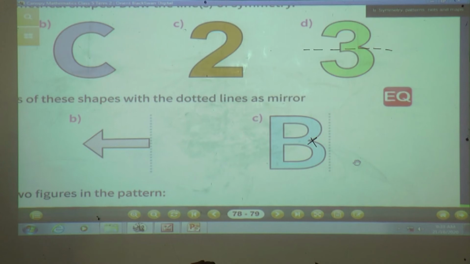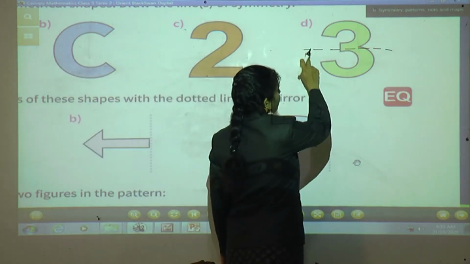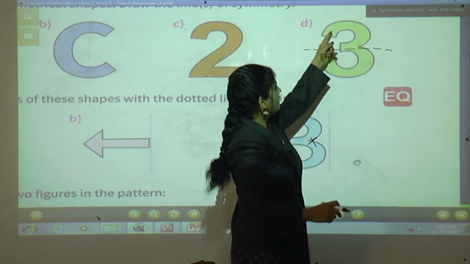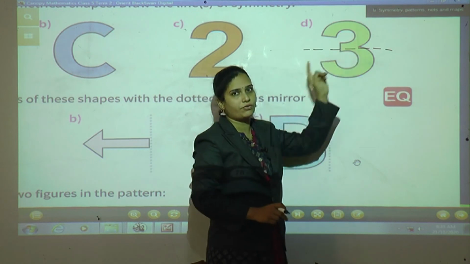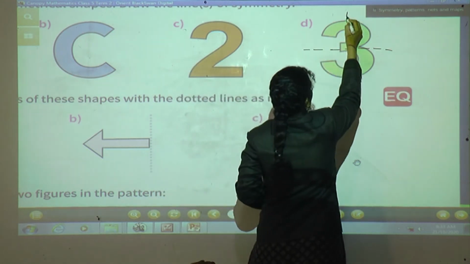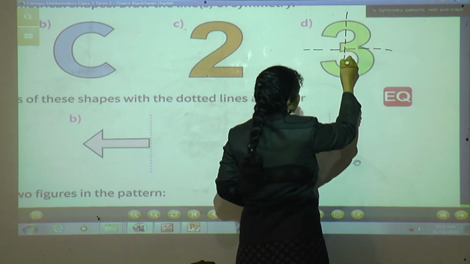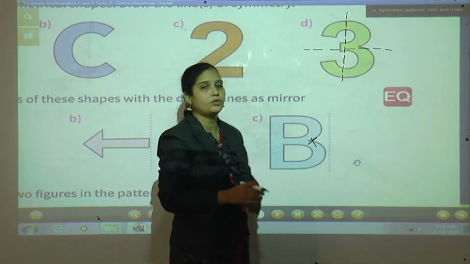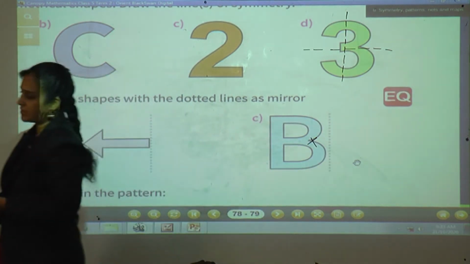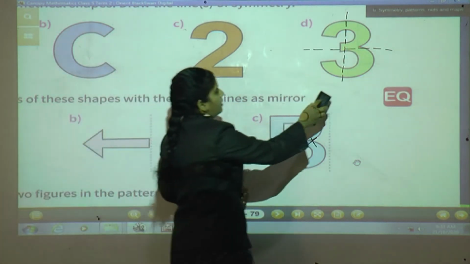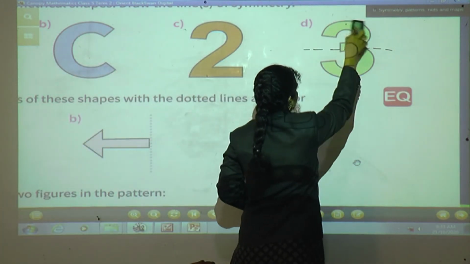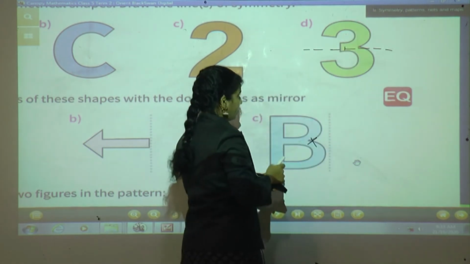If I draw the horizontal line, that line divides 3 into 2 equal parts. So this horizontal line is a line of symmetry. Now if I draw the line vertical here, can this line divide the figure into 2 equal parts? No. That means here is only one line of symmetry, that is the horizontal axis of symmetry.